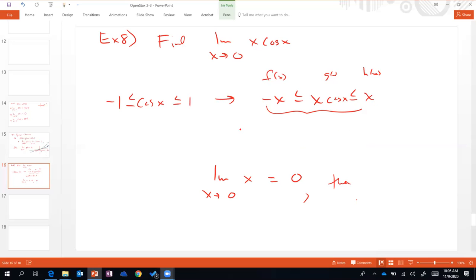So tell me if true. So limit as x goes to 0 of negative x is 0. As x goes to 0 of x itself is 0, then therefore the limit as x goes to 0 of x times cosine of x is also 0. Are we good? Yeah.